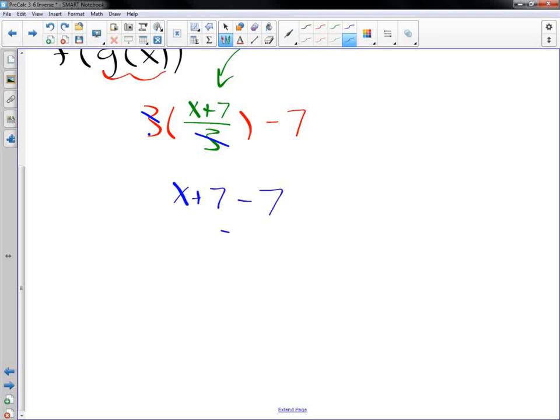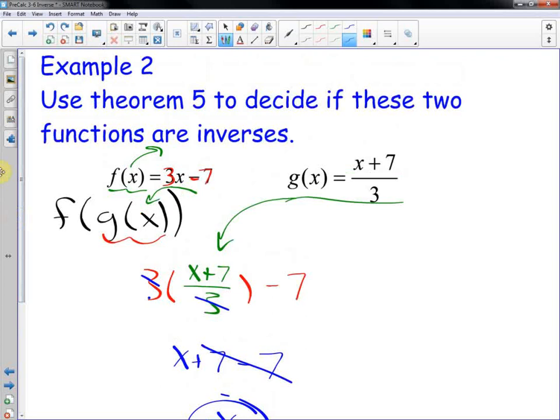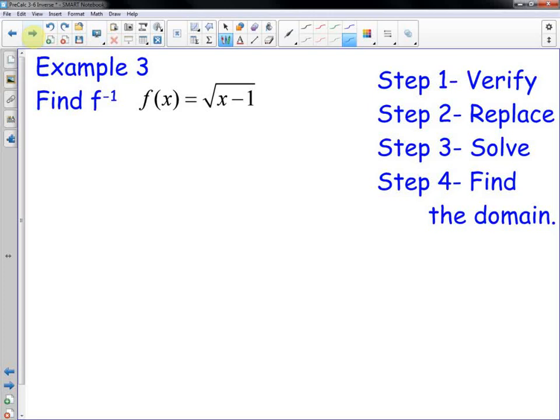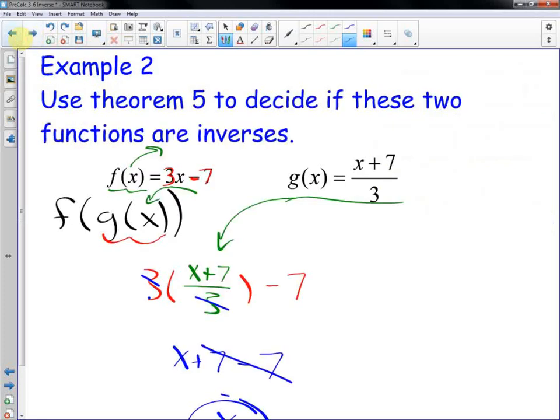What do those do? They cancel out, leaving me with just x. Are those inverses? So are these two inverses of each other? Yeah. All right, good. This is a good spot to stop for today, and we'll pause and finish this up tomorrow.